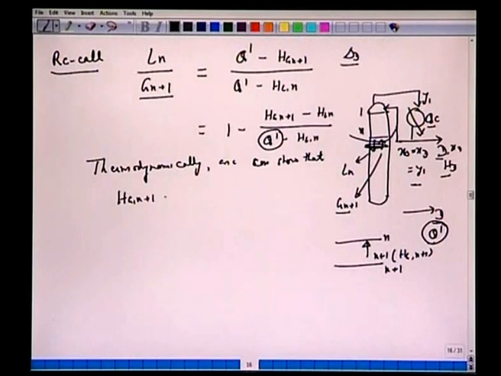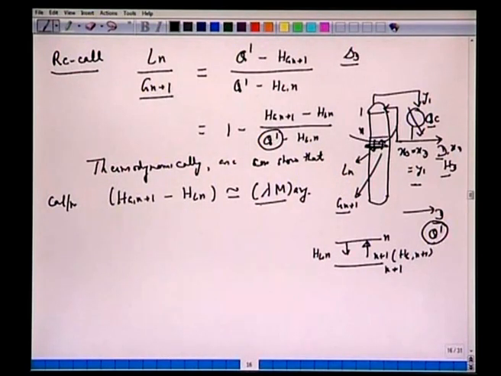All right, HGn plus 1 minus HLn, the specific enthalpy, calories per mole, of the liquid leaving this plate n, which is HLn. One can show that this number is approximately constant, as lambda molar average. All right, so this is the first assumption we make here in this McCabe-Thiele method.